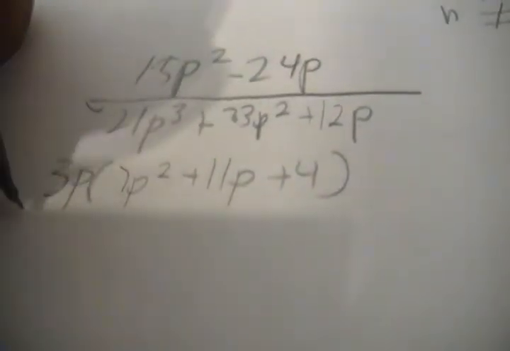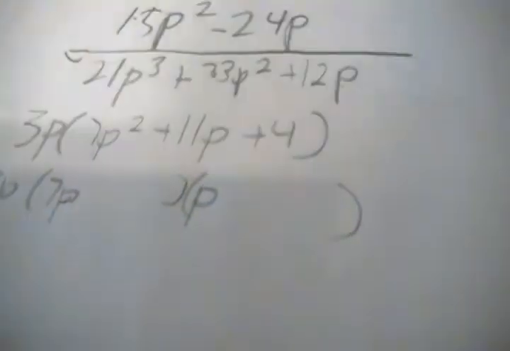So now, let's try to find the factors of this trinomial. We create two binomials. Let's say this is 7p and then p. Now we want to create something where we can get a factor of 11. Can we?